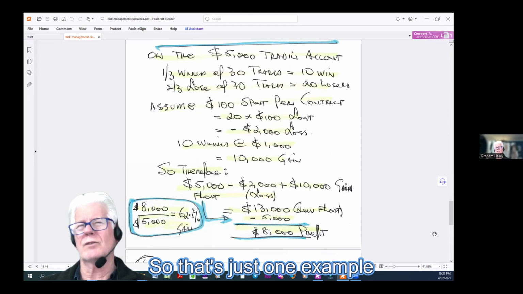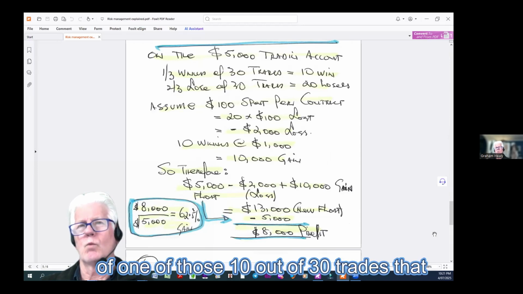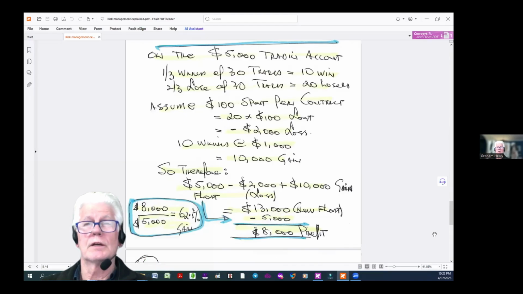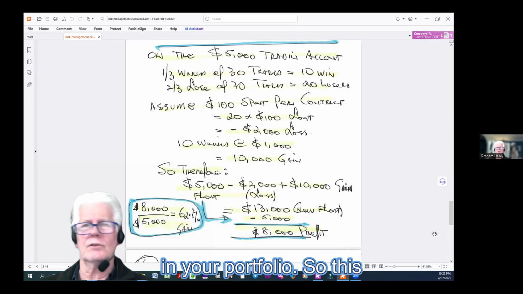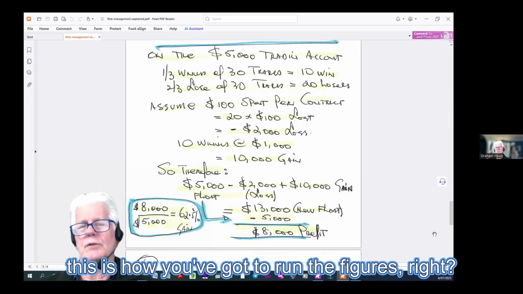So that's just one example of one of those 10 out of 30 trades that can go through the roof in your portfolio. So this is how you've got to run the figures, right?